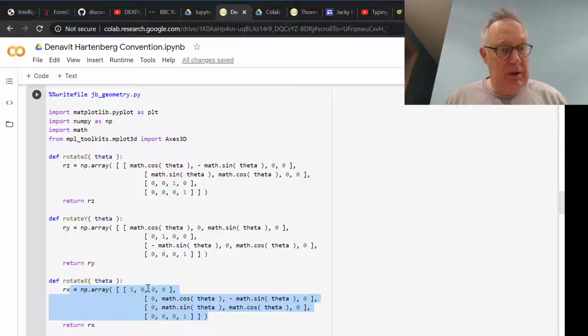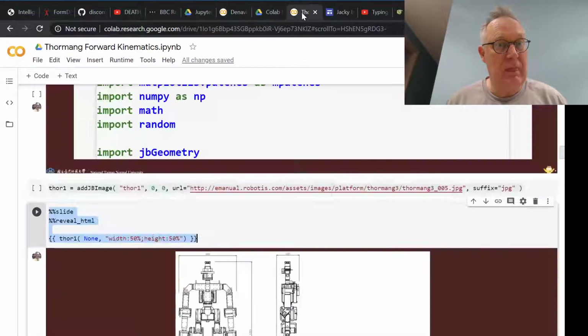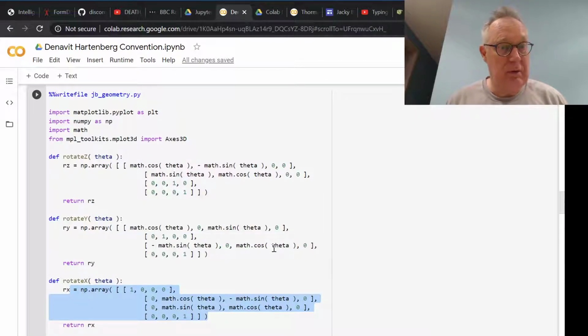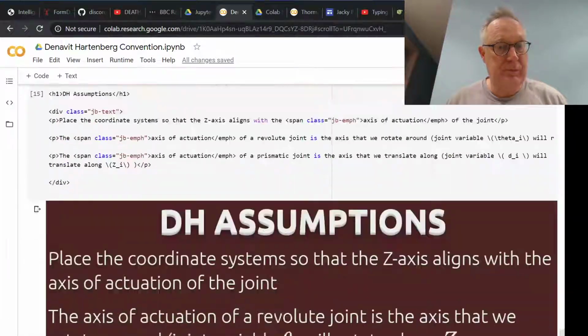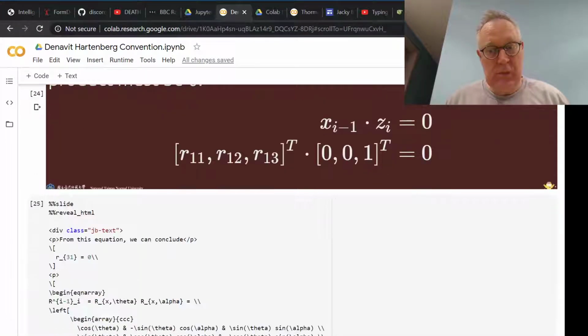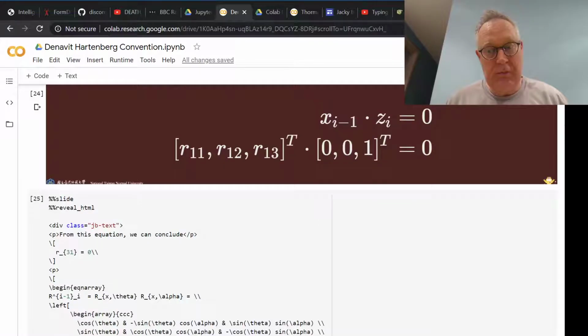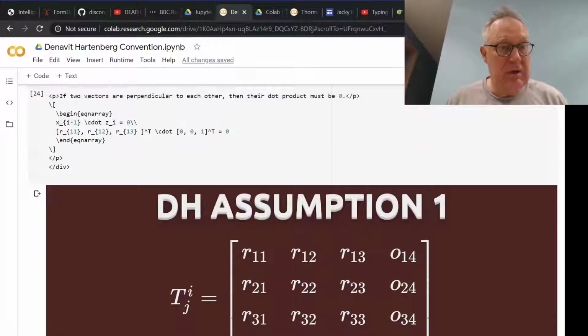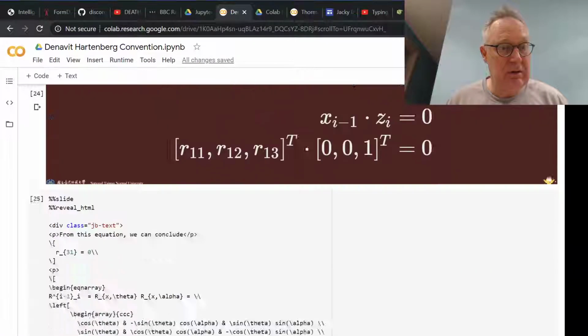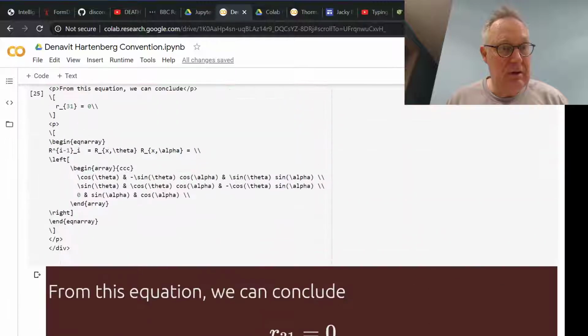So it would be 1, 0, 0, 0 cos. Then with Denavit-Hartenberg. Actually, I think that's a mistake there. It should be RZ. Let me try.